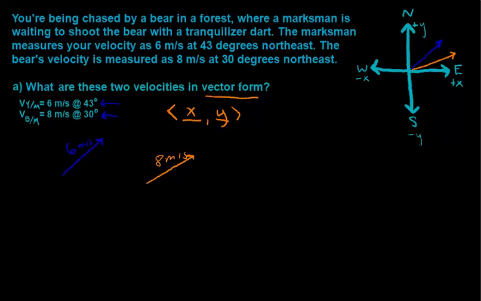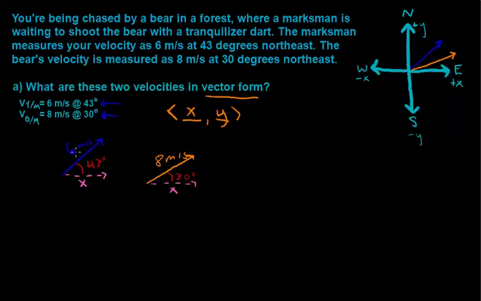And then we both have our respective angles up from the x-axis, being 43 degrees for us and 30 degrees for the bear. And so each of these two velocities must have some velocity going in the x direction. Both of these have an x component to their vector velocity, because you're running northeast, and if you split it up, some part of you is running east.